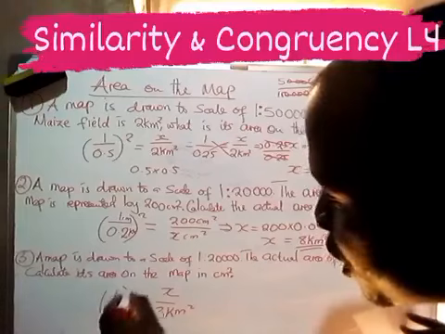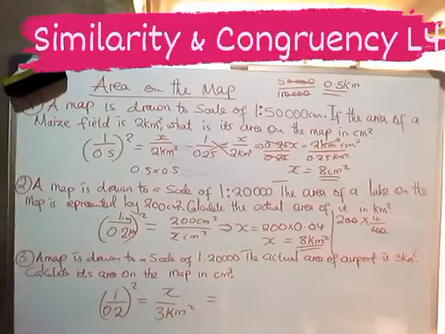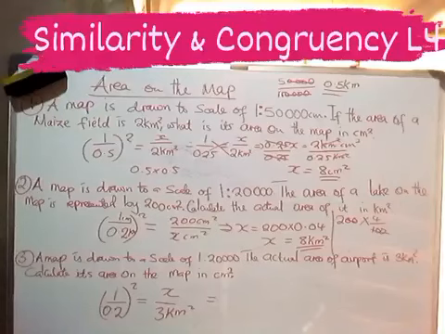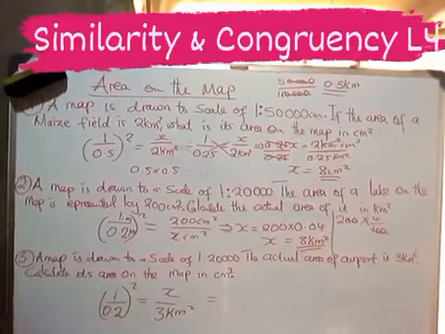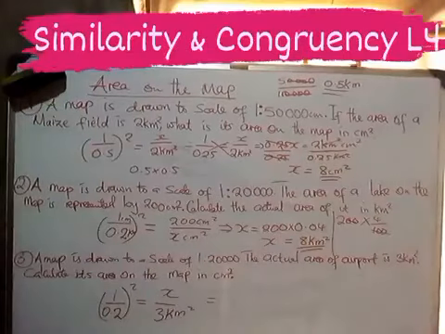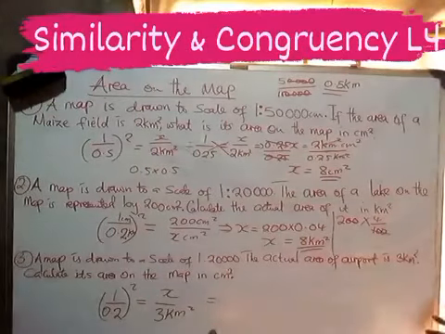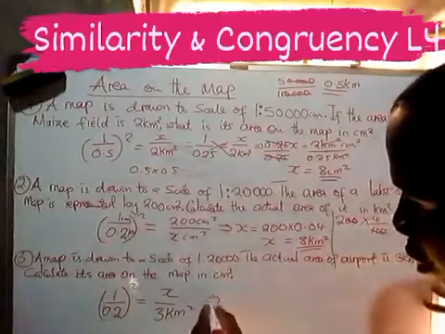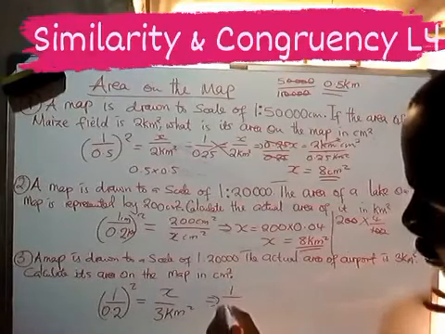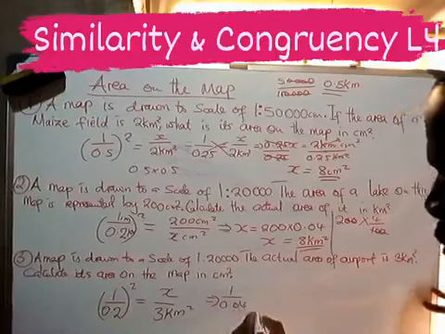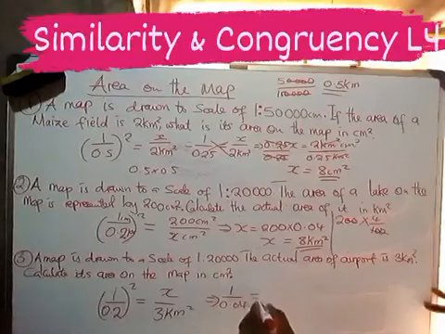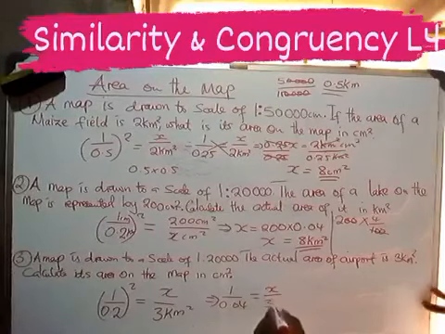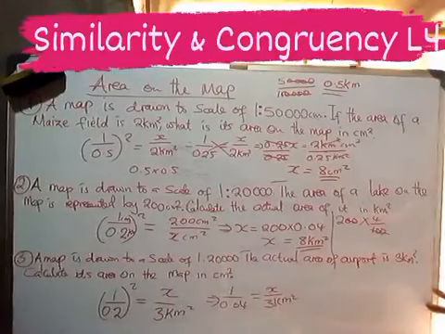This one we square as usual, so it will be 1 over 0.04, equal to x over 3 kilometers squared.